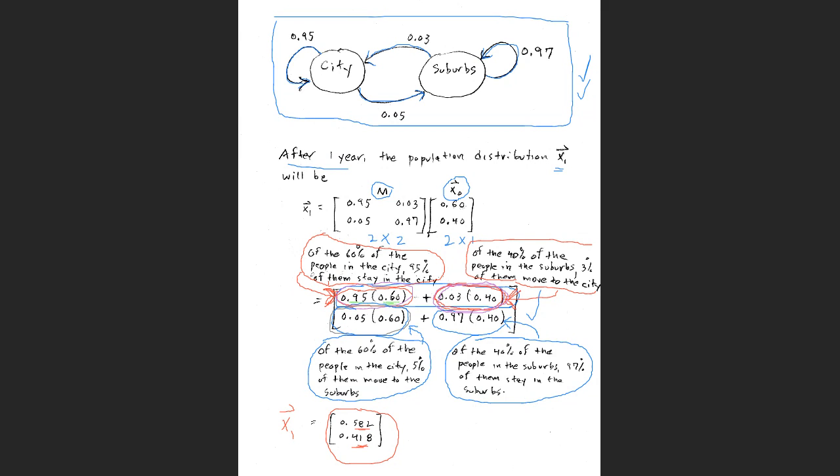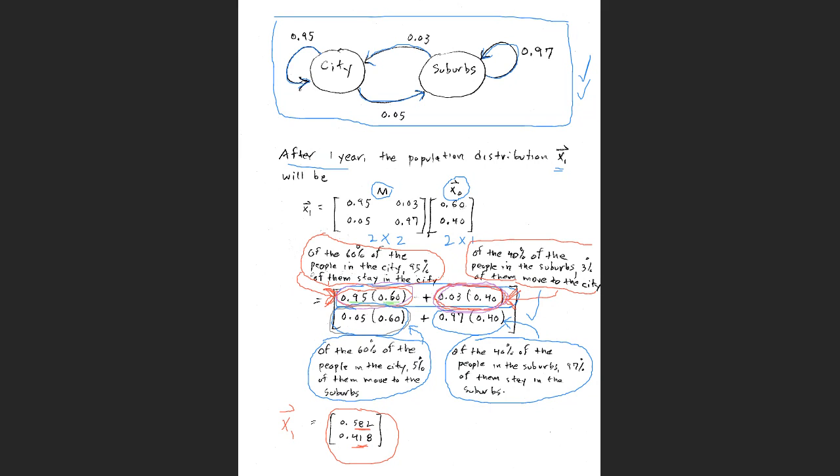Well, after a year, are there less people living in the city or more people living in the city? There are less. Okay, because it went down from 60% to 58.2%, and therefore, of course, more people are living in the suburbs.